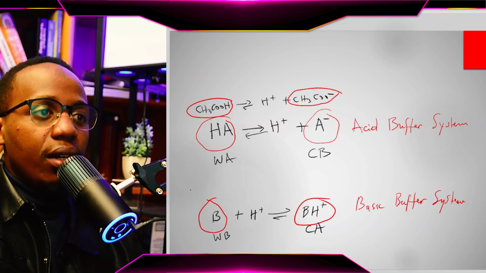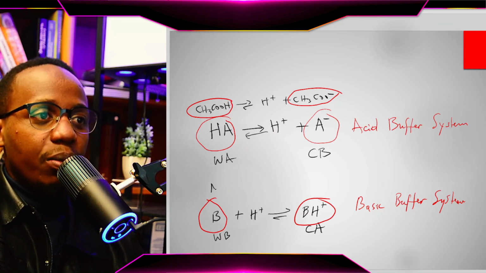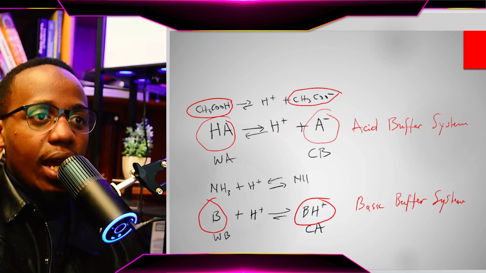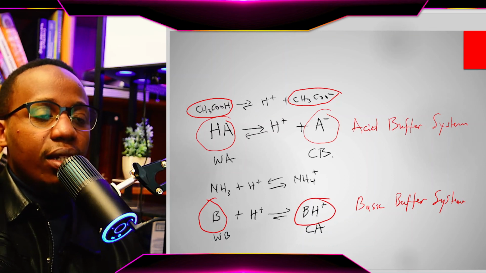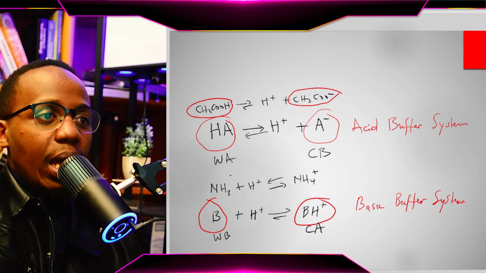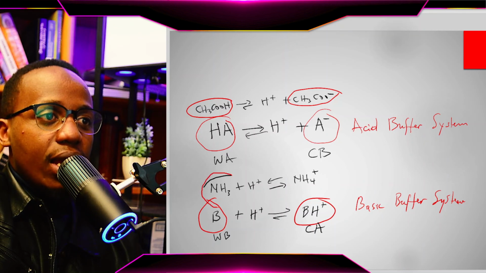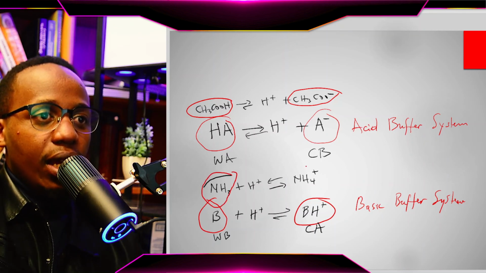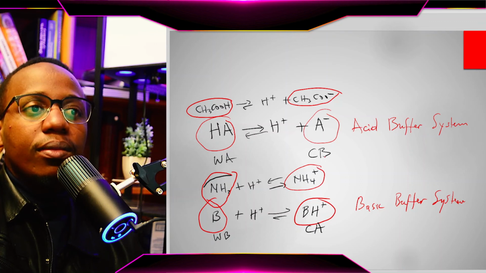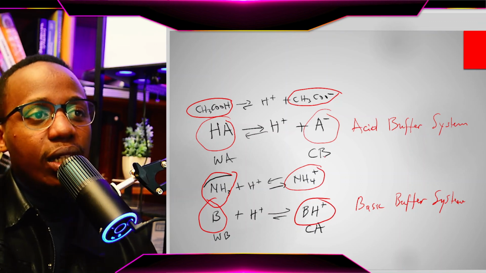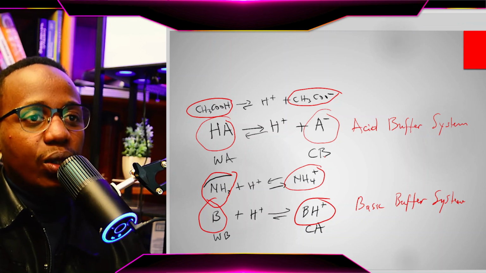What about a weak base that we talked about, NH3? If you take NH3 plus H+, it gives you NH4+, so it's going to be a buffer system that has NH3 and NH4+. This is what a buffer is: a weak acid and its conjugate, or a weak base and its conjugate.